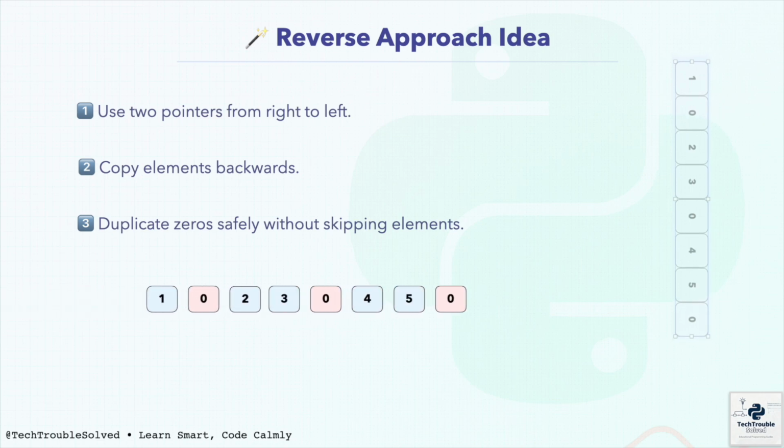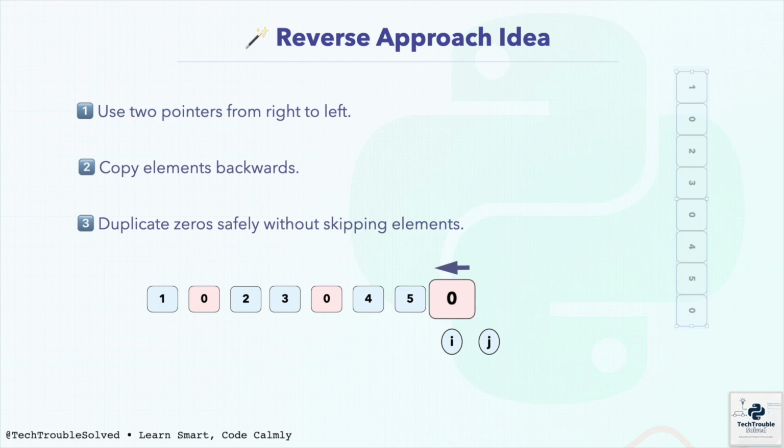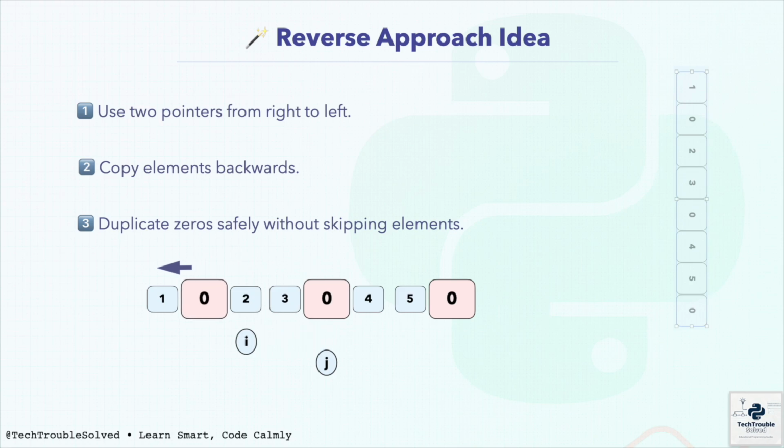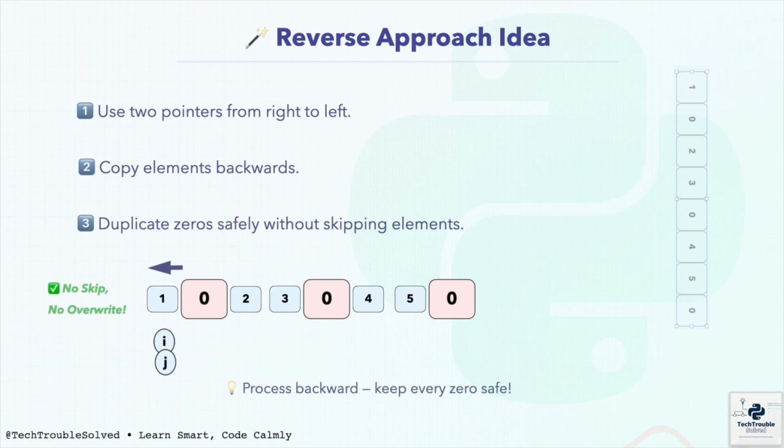Take this array 10230450. We start from the end, copying elements one by one to their correct new positions. Whenever we hit a 0, we write two zeros backward, one at the current pointer and one just before it.